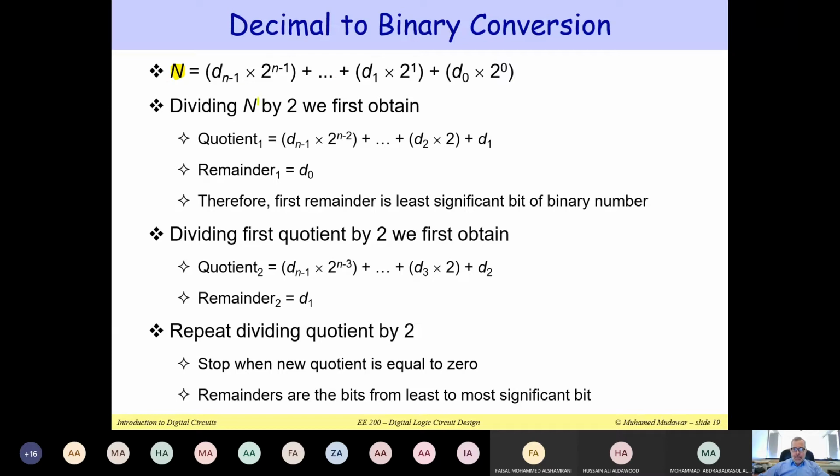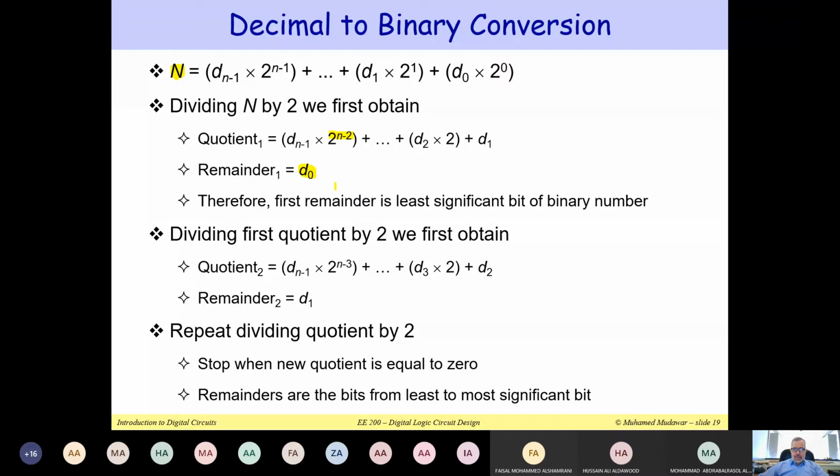When you divide n by 2, you divide everything by 2. d1 multiplied by 2 divided by 2 gives d1. d2 multiplied by 2 squared divided by 2 gives d2 multiplied by 2. And d_(n-1) multiplied by 2 to the power n minus 1 divided by 2 gives 2 to the power n minus 2. The remainder will be d0.